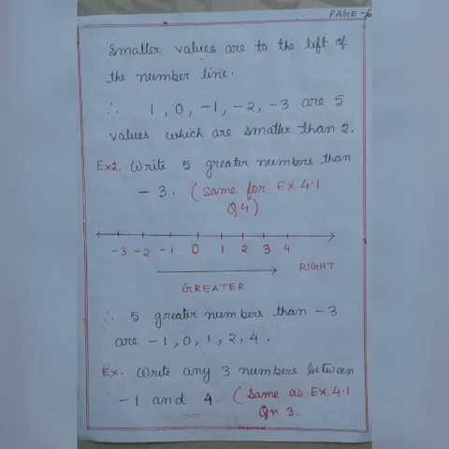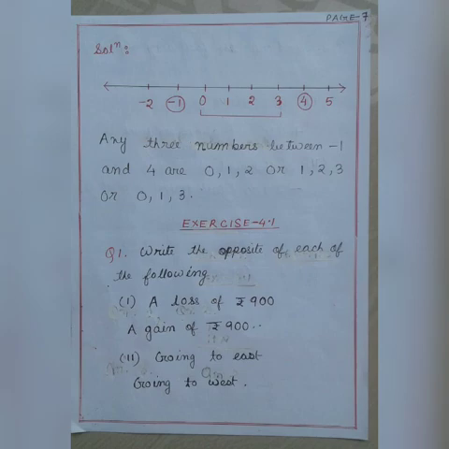Next exercise, write any 3 numbers between minus 1 and 4. Again, this is same as question number 3 of exercise 4.1. For this, I have drawn the number line. From 0 to the right, I have written some positive numbers. From 0 to left, I have written some negative numbers.